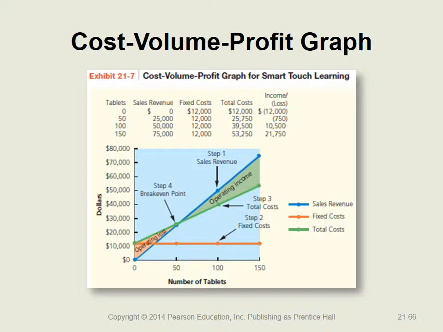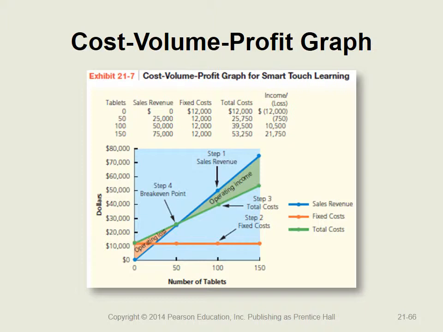Finally, we mark the operating loss area and operating income area on the graph. To the left of the break-even point, total costs exceed sales revenue, leading to an operating loss indicated by the orange zone. To the right of the break-even point, the business earns a profit because sales revenue exceeds total costs, as shown by the green zone.